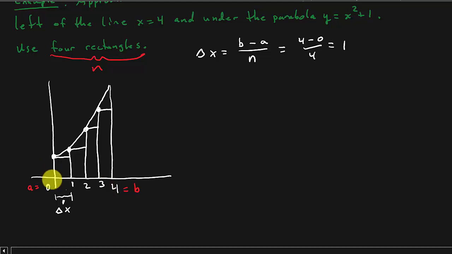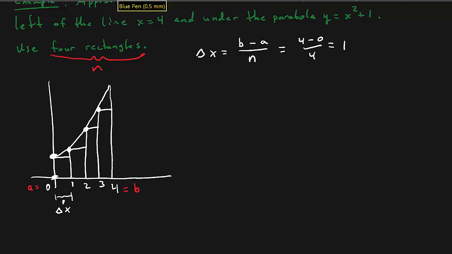Well, what's the height of the rectangle? That's from here to here. What is that height? Well, it's the y value, isn't it? You see that? So what would this y value be right here? Well, let's do that in a different color.